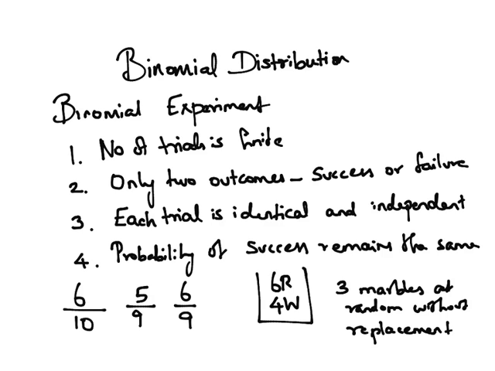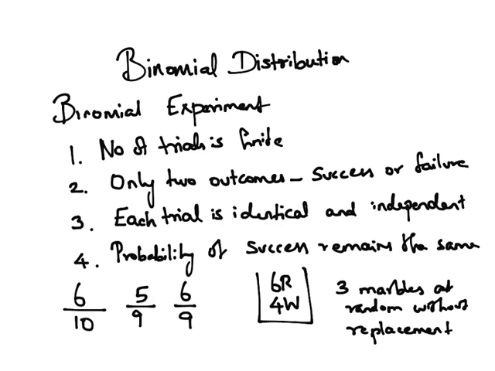Maybe if I had taken a white marble in the first trial and don't replace it, then the probability of success in the second trial will be 6 by 9. But if I had taken a red marble in the first trial, then getting a red marble again in the second trial will be 5 by 9.